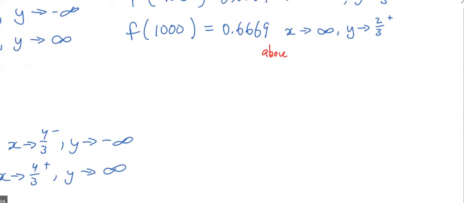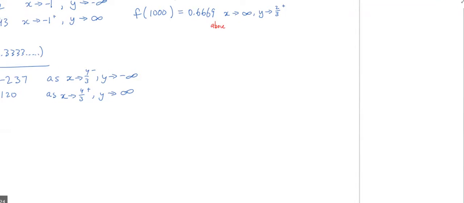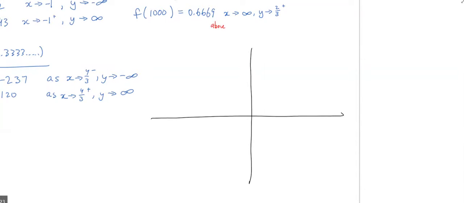All right, let's do it. Before you draw your axes, you might think to yourself, where approximately are all of the details? I've got a vertical asymptote on the left and one on the right, a negative one and a positive one, and I've got an x-intercept that's negative and an x-intercept that's positive. So I've got some numbers on both sides.